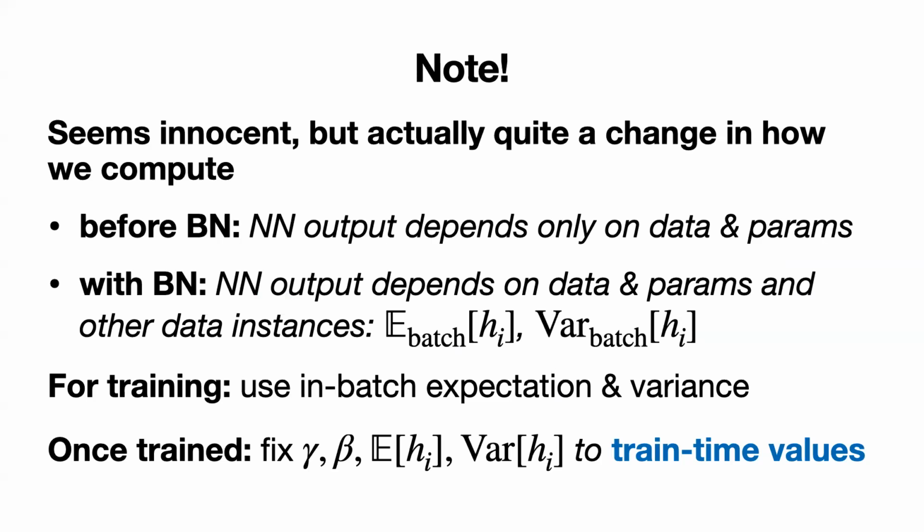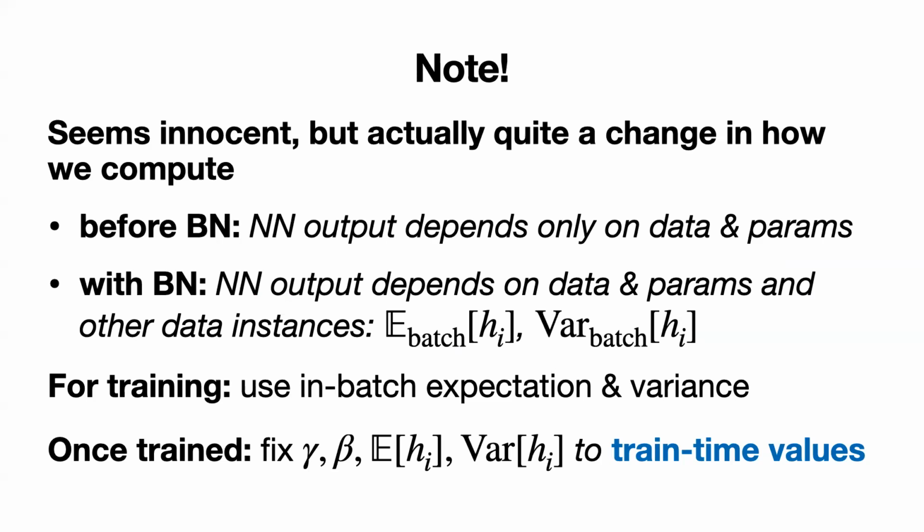Okay, one note. It seems innocent, and when you explain it, it seems obvious. What's weird is that this is quite a big change in how we think about what the computation is doing. Before batch normalization, the neural network output only depended on the parameters and my input data, like my image of a cat, and gave me a prediction.